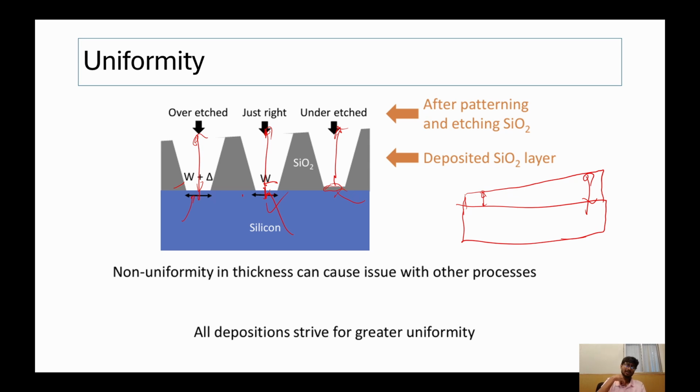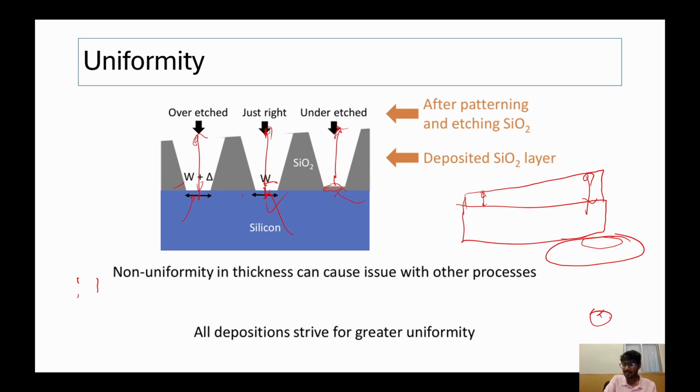While doing physical vapor deposition, you have a material over here that you want to deposit over a substrate. This is the bigger substrate, and you would like to deposit, let us say, gold.